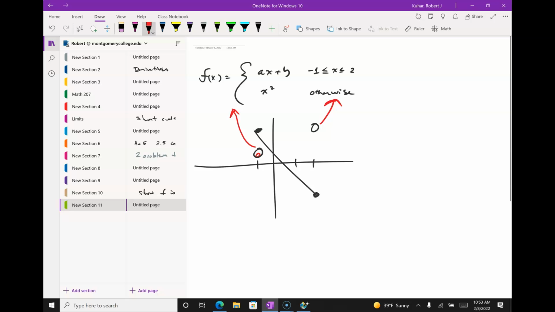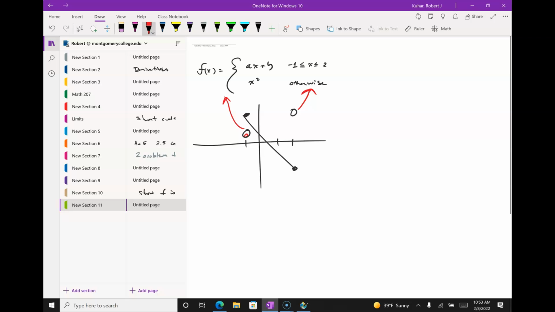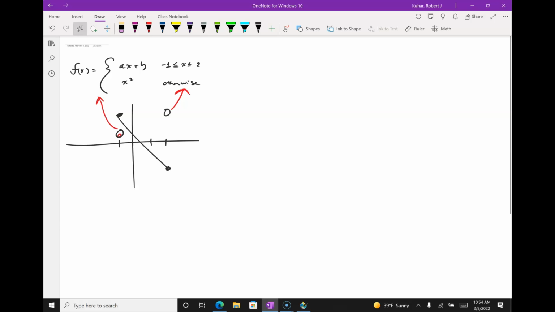Now I could do this one just like I did the first one, but let me do it a different way, just to give you another option. Let me go right to my definition and see if I can get things to match up, right? So I've got to get it to match up twice, correct? So let's work at 2.